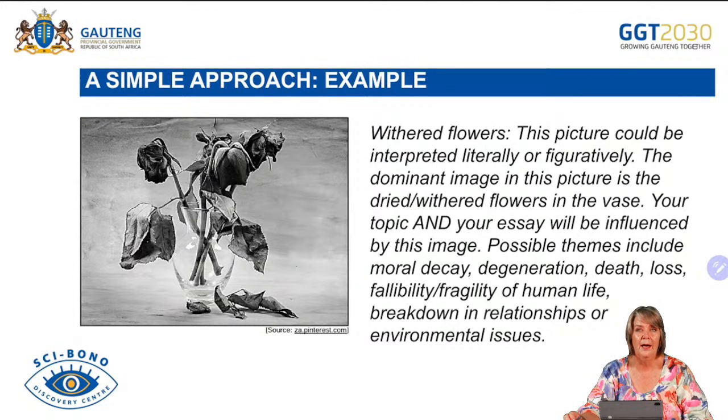Fragility of human life, how fragile human life is. It is very short, like flowers in a vase. They're beautiful, they're pretty for a little while, and then slowly the leaves start falling. It could refer to a breakdown in relationships, or it can also refer to environmental issues, and that is where your factual essays, your discursive essays, or your argumentative essays may come in.